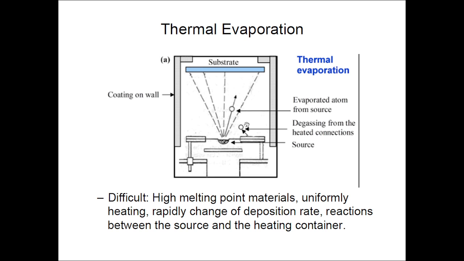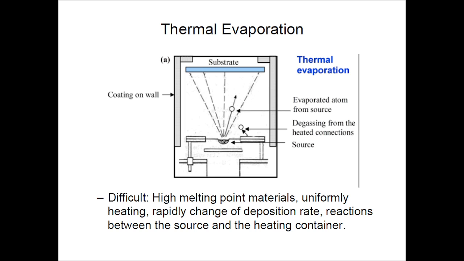Okay, so we will be having degassing from the heated connections, and evaporated atoms from the source will be depositing on the substrate. High melting point materials can be utilized for this technique, which is why we need to use metals having a high melting point.